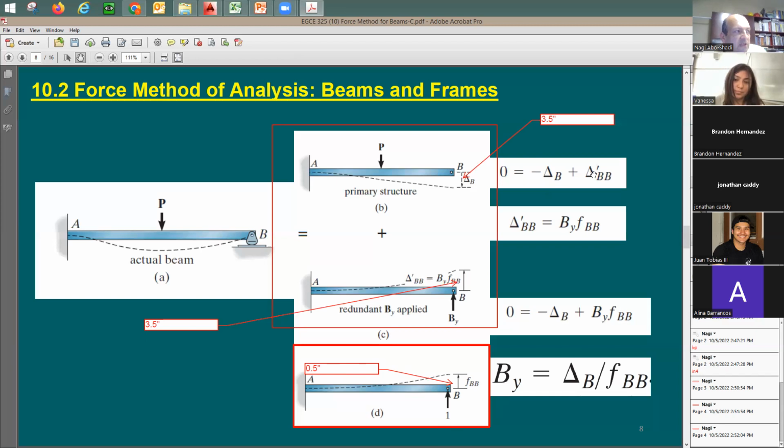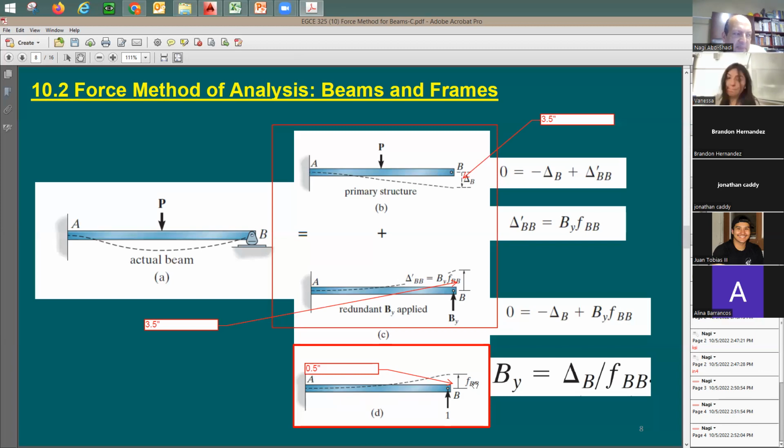Deflection downwards will need to be equal to this deflection upward. So delta B here equals delta prime BB. They're equal to each other. And for you to get this deflection, you need to take only this beam and put only one kip, and for that you solve for FBB.